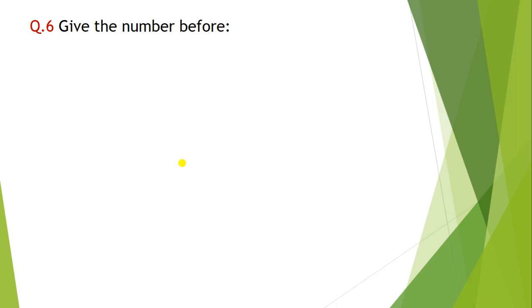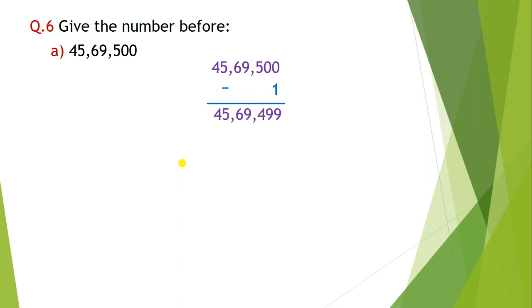Let's see one question. Give the number before. The number is 45,69,500. To find the number before, we need to subtract 1 from the given number. After subtracting 1, we will get 45,69,499.